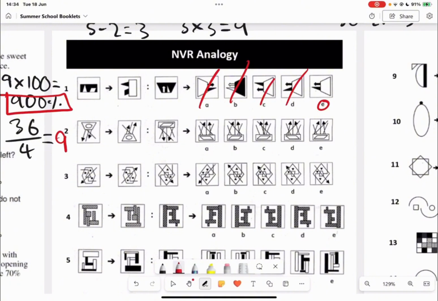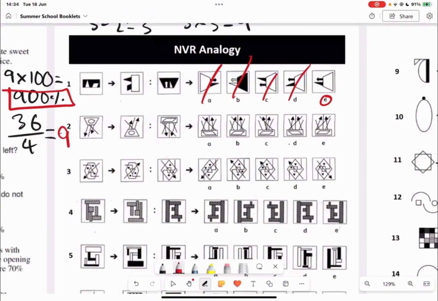So it should be facing the same way. And then we're looking at the way that our arrows are pointing. So in our shape, we have a line that is longer on the left side, or shorter on the left side and longer on the right side. So that means that our answer cannot be D and it cannot be A.